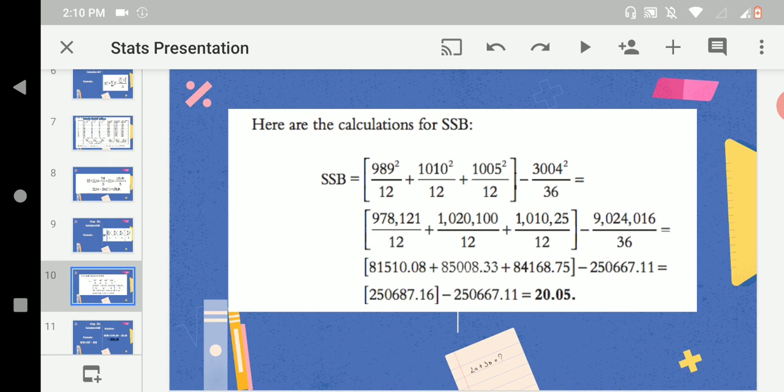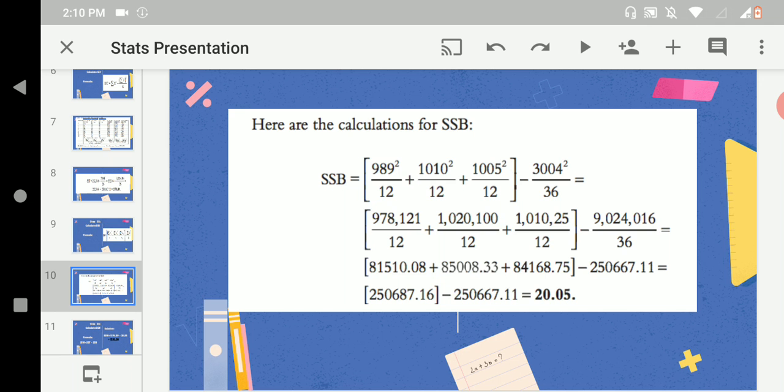So a while ago, we looked at our data table and we saw that the summation of x for the first group is 989, and then 1010, 1005. And then they are divided by 12.